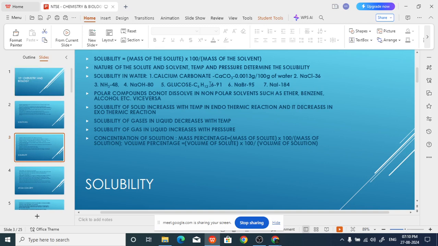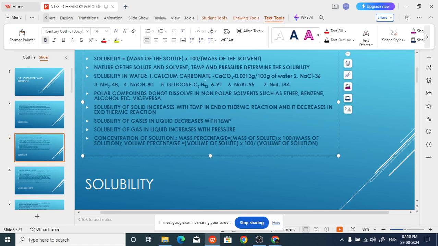I think O is missing. Correct? Yes, sir, O is missing there. Okay, I don't know how to type. Then glucose is 91. NaBr, sodium bromide, probably 95. NaI, sodium iodide, 184. Polar compounds do not dissolve in non-polar solvents such as ether, benzene, alcohol, etc.